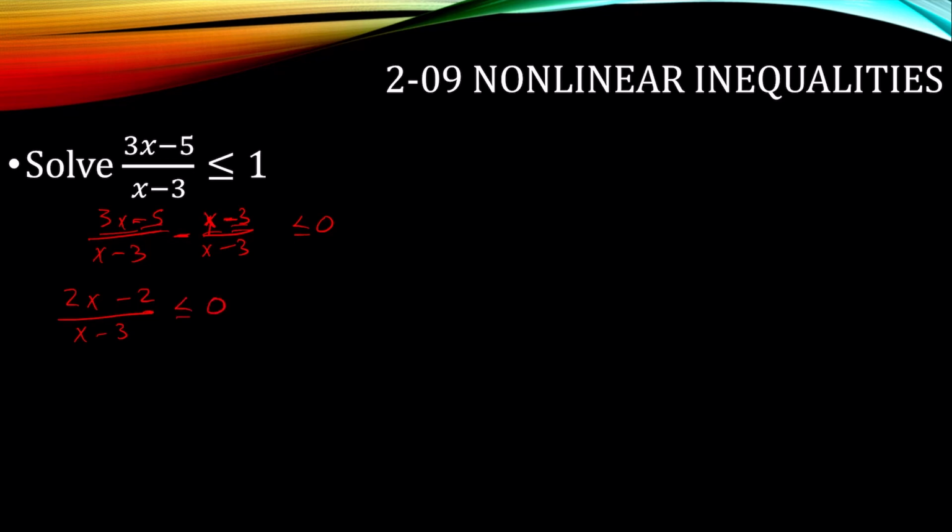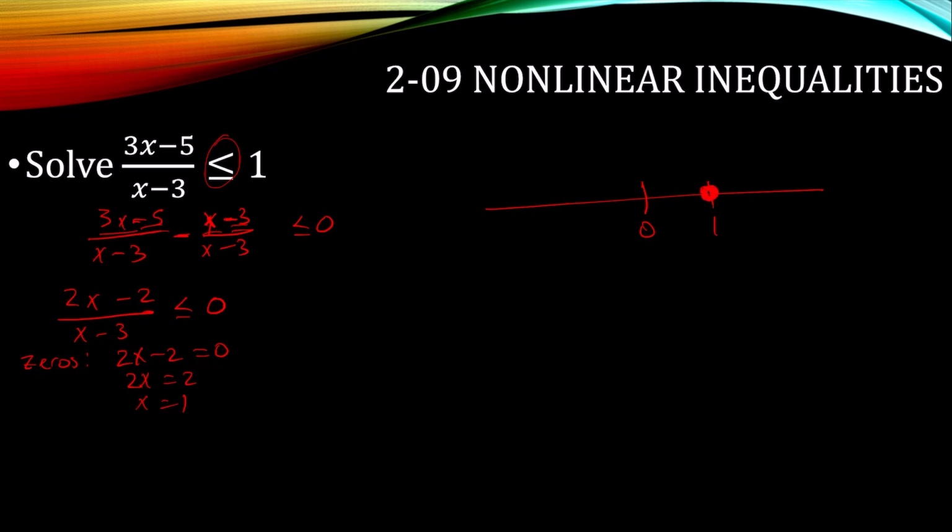All right, so our critical numbers. Let's start with finding the zeros. That would be when the top equals 0. So that's x is 1. If I put that on our number line, now it could be equal to. So the zeros, it could work, could be equal to.